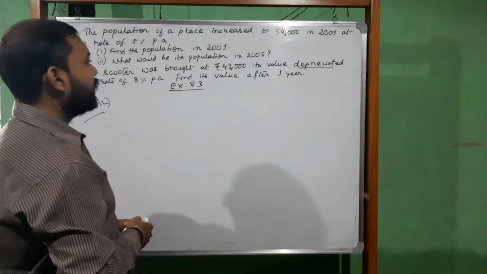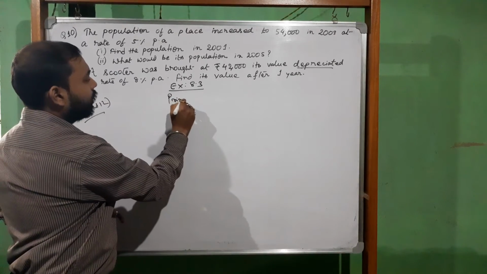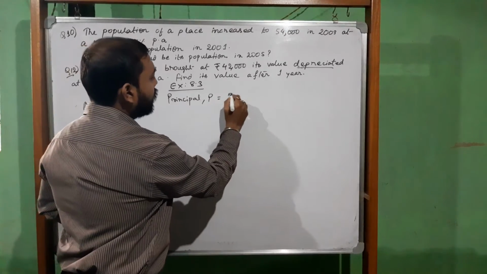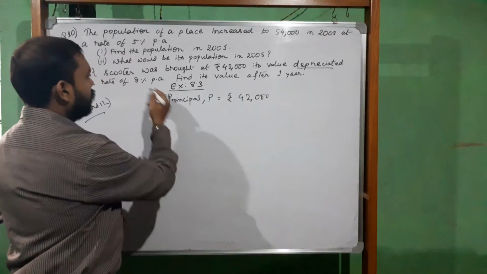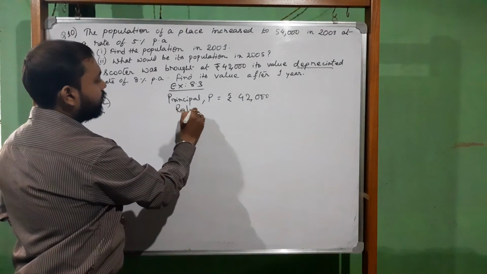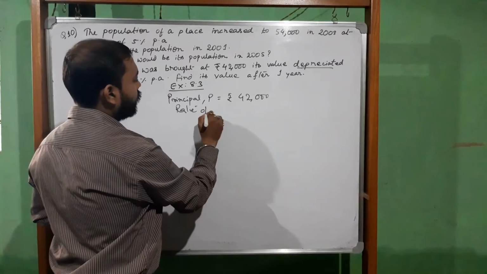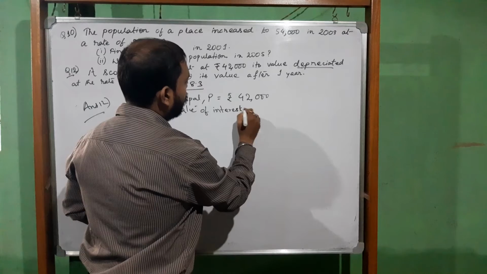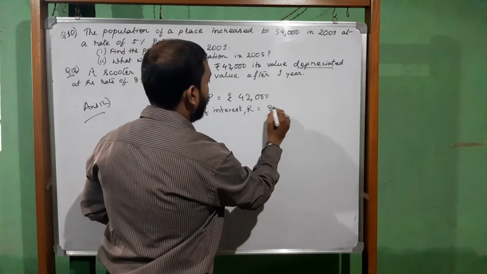Everything is given. This is the principal, P, that is 42,000. The rate, capital R, is given as 8% per annum.